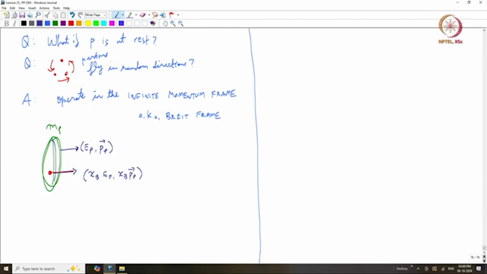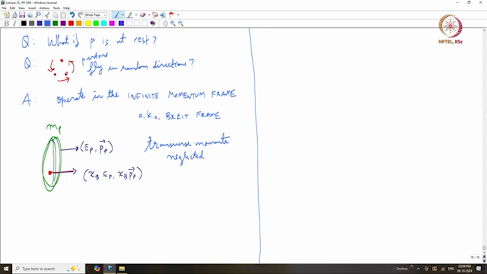Okay, how was this possible? That is because in this frame, because you are in the infinite momentum frame, it is only the longitudinal momenta that actually matter here. That means in this frame you can neglect the transverse momenta. That is the whole point of this.